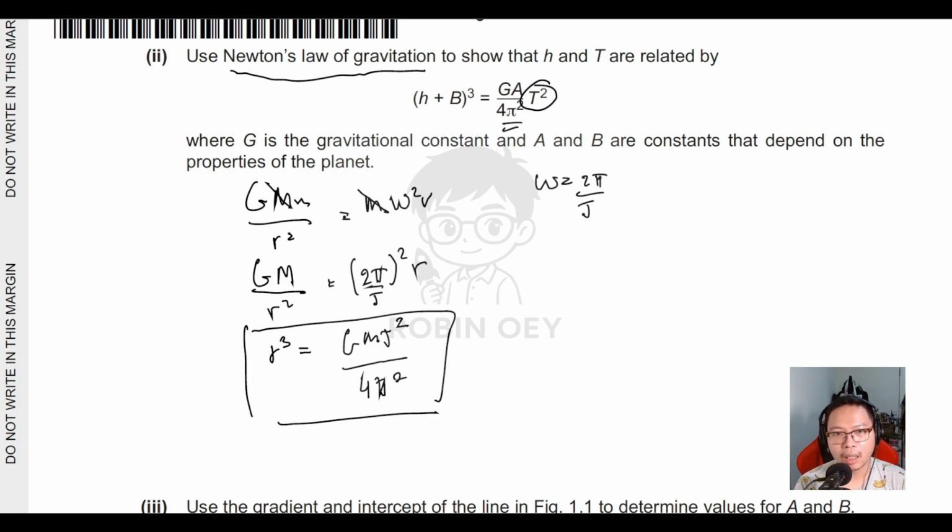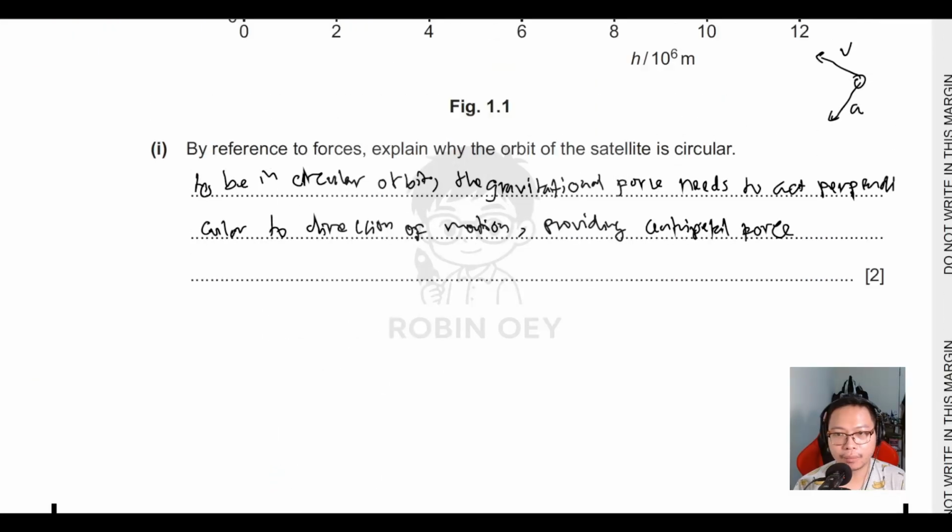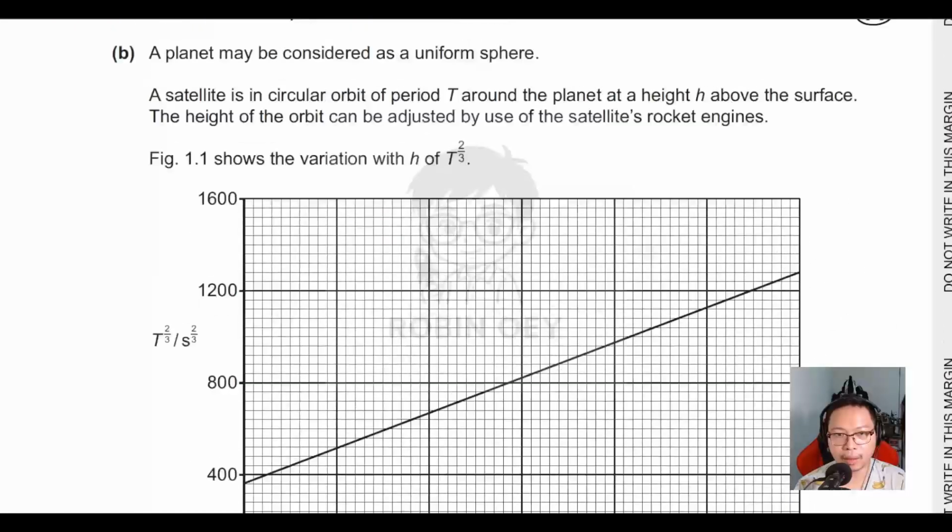If we go back to this part, h is the height that the satellite is above the surface.